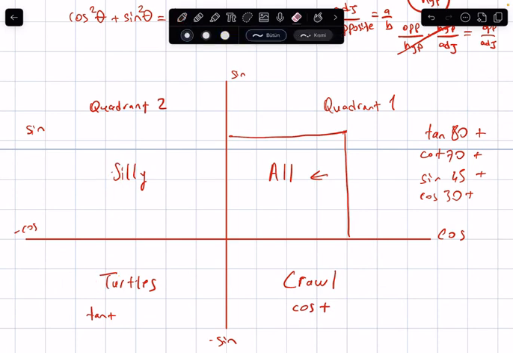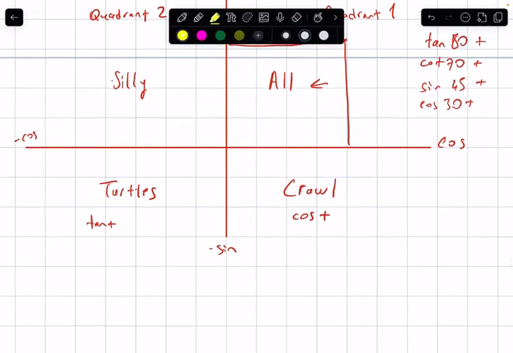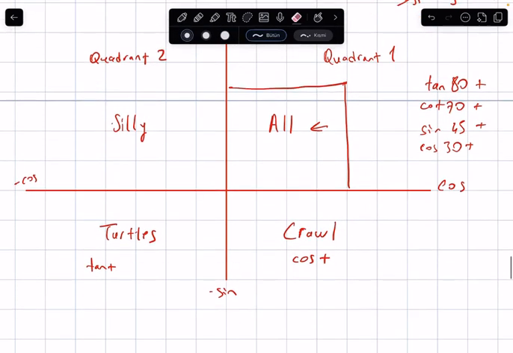How do I do it? I'm just looking at the coordinates in here. In this part, sine is positive. In this part, sine is negative. In this region, sine is negative, this way, right? What else? Cosine, after here, in this direction, is negative.